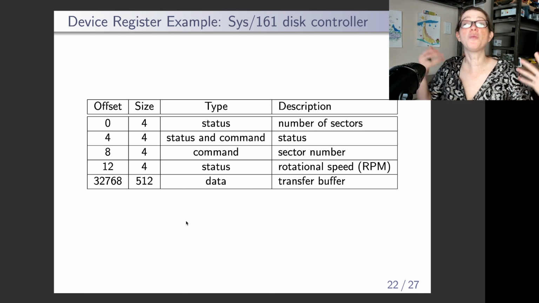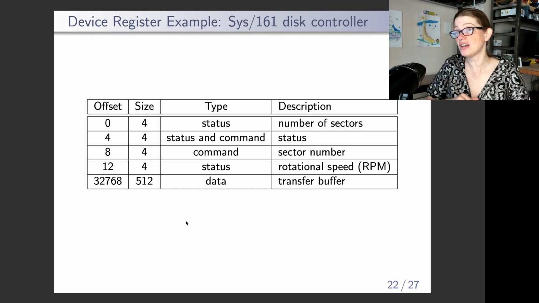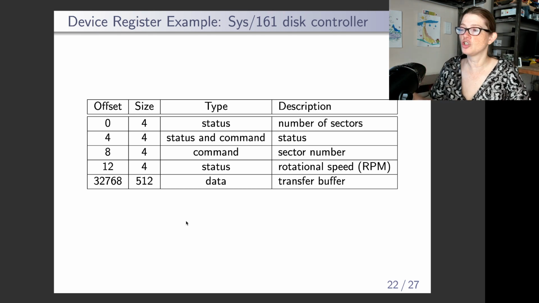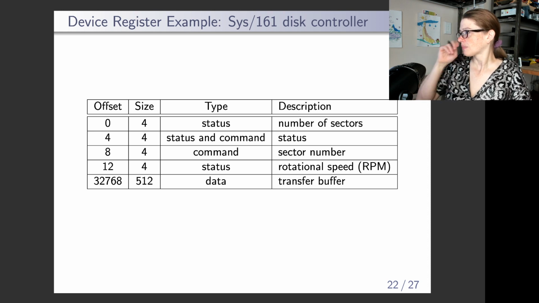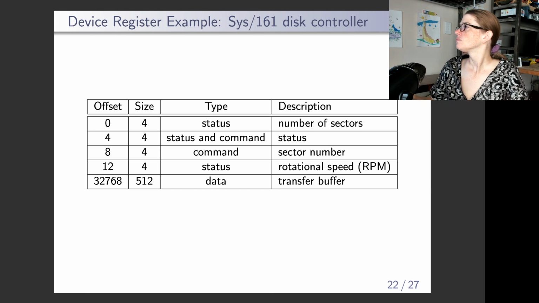So first, of course, we need our specifications for the device registers for our disk controller. Our disk controller in OS 161 is really simple because it's not even a real disk. But here you go. So we have for our disk this lovely little thing here, which is the number of sectors.